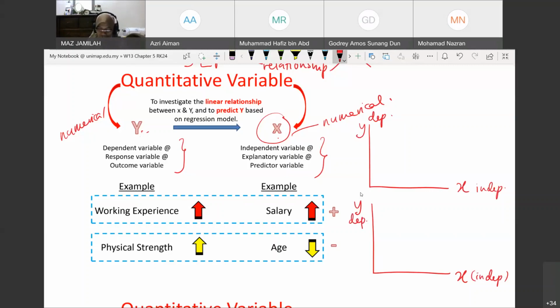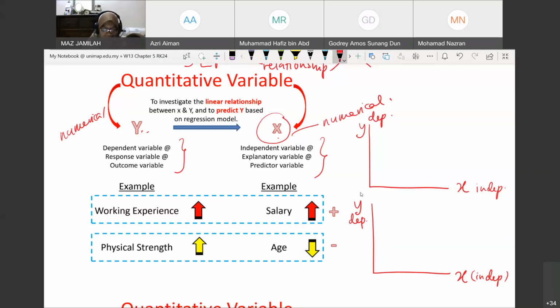Now, there will be two kinds of relationship between x and y. For example, you have working experience and salary. Which one is depending on which? Ask yourself: is working experience depending on salary, or salary depending on working experience?